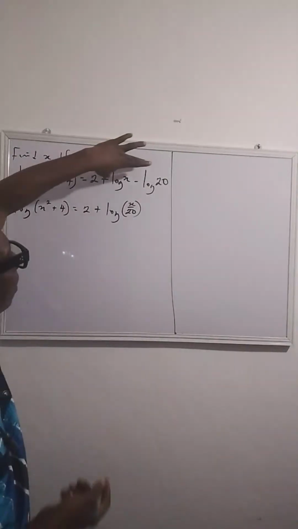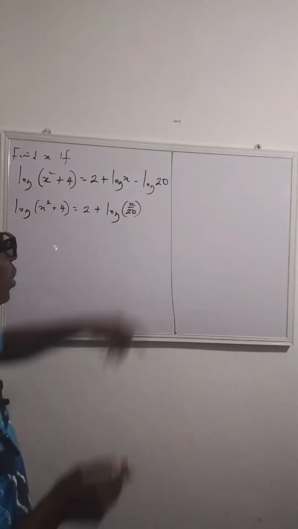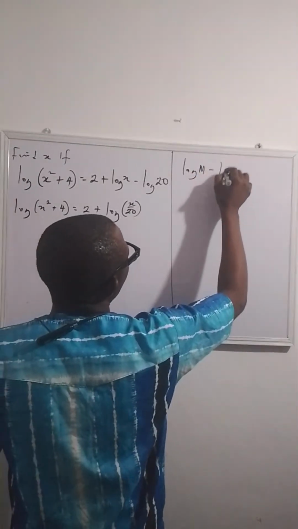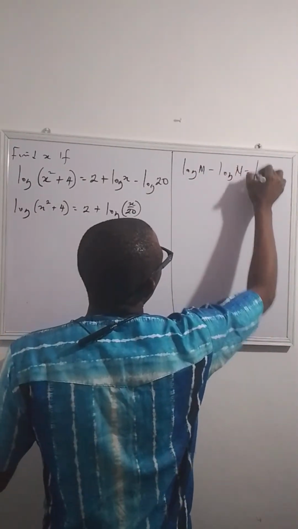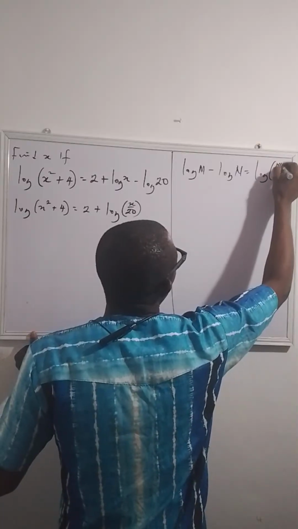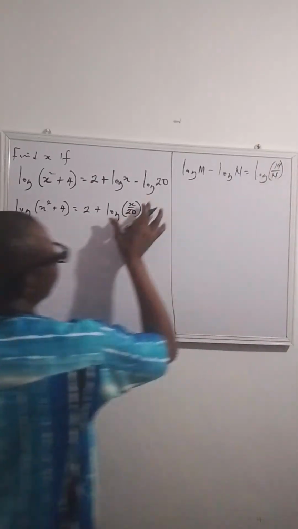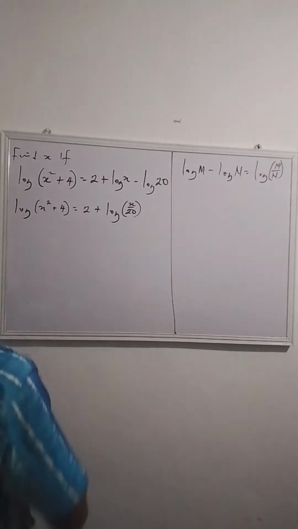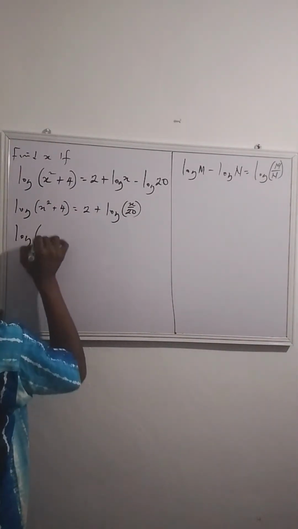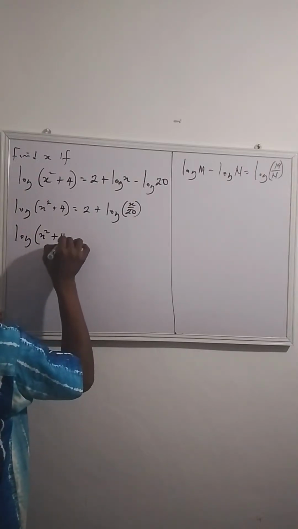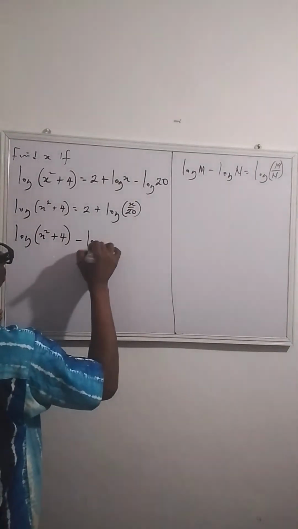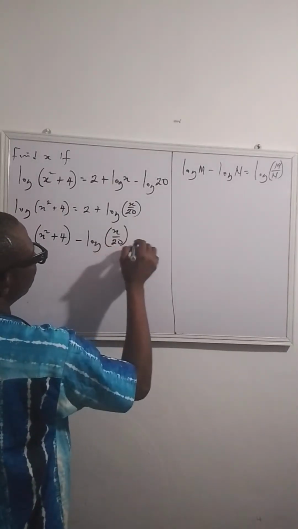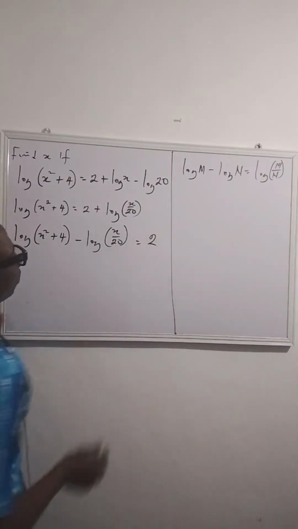All right, so this has translated to this. Now, law of logarithm, whenever you have log m minus log n, the answer is log m over n. That is what I'm applying here. So now you can move this one to this side. So you have log of (x squared plus 4) minus log of x over 20 equals 2.